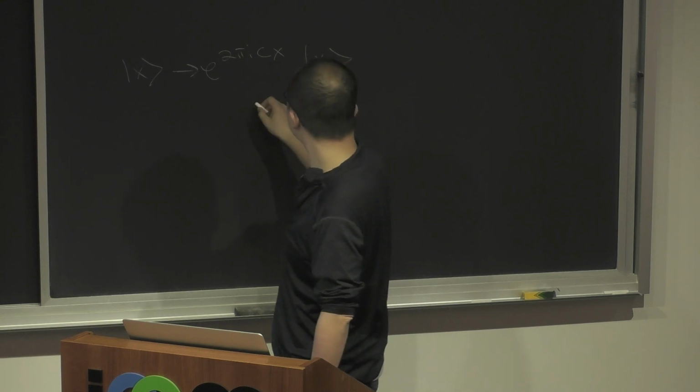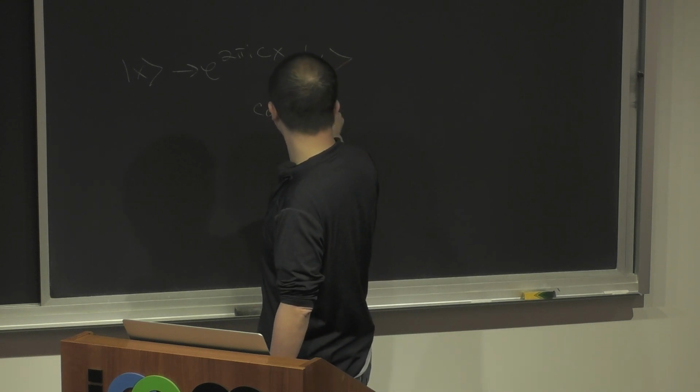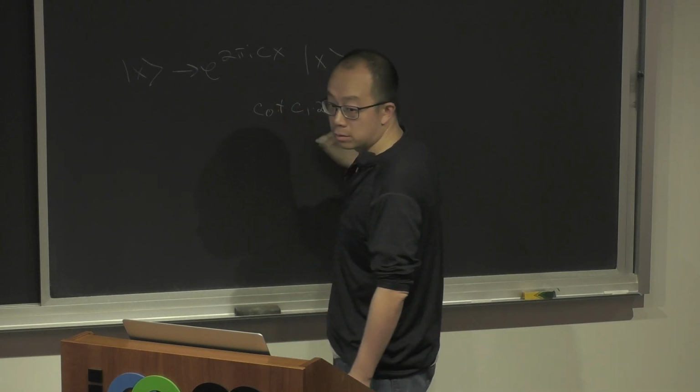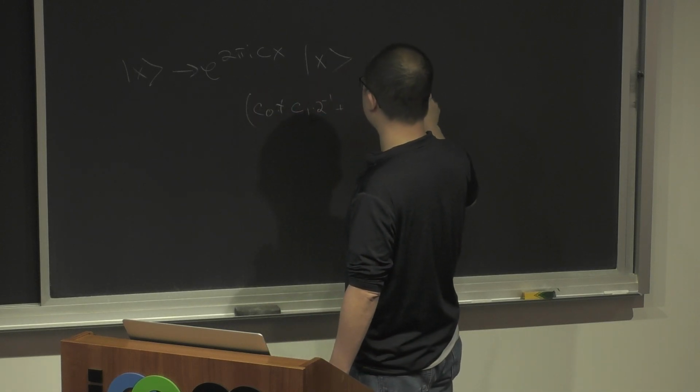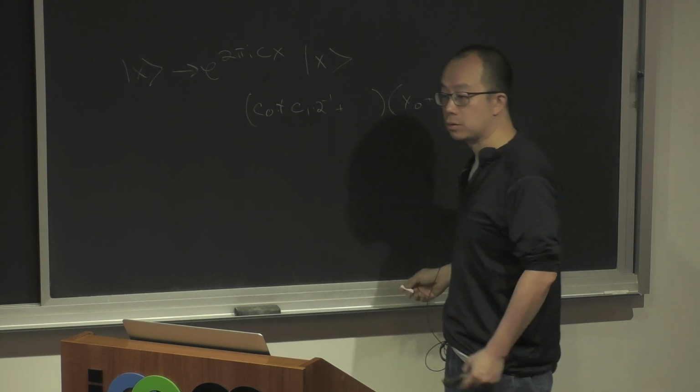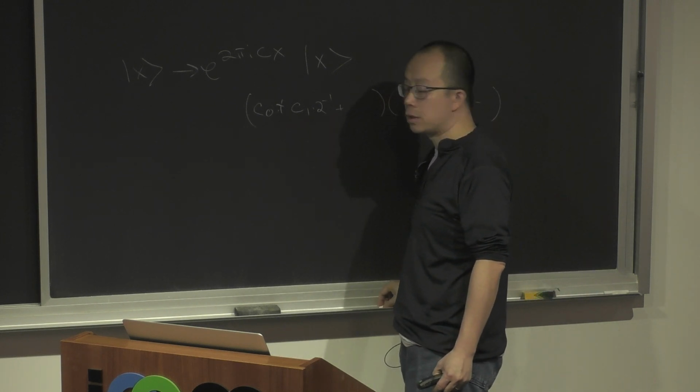So for example, you get c0 plus c1 times 2 to the minus 1 plus and so on, and then you multiply with x0. Then you just expand on all of them, and for each of them, you do a controlled rotation. Then take the real part. Yeah, then take the real part.